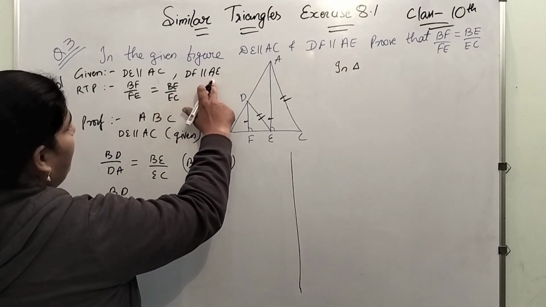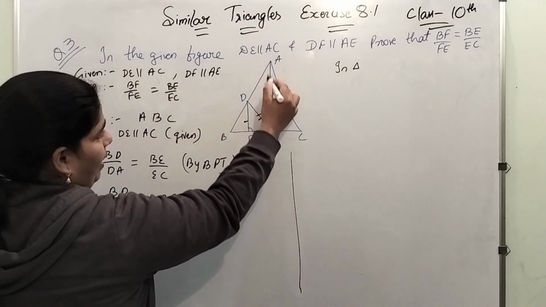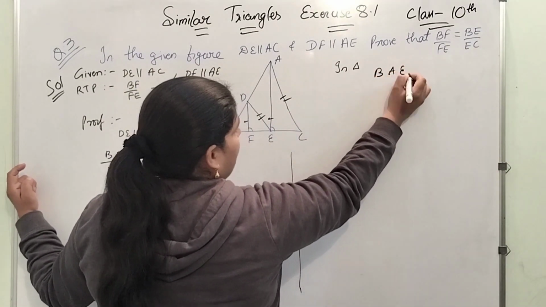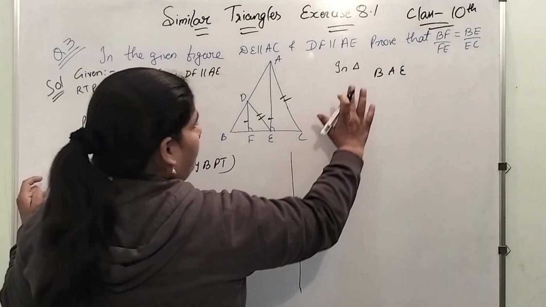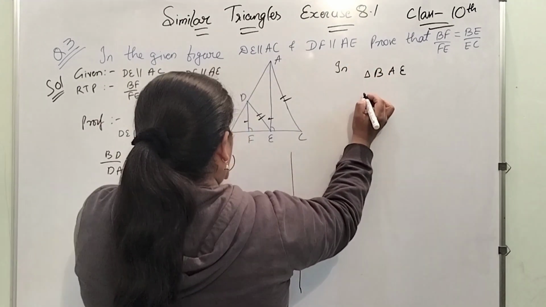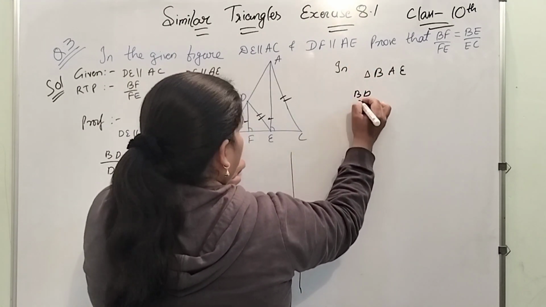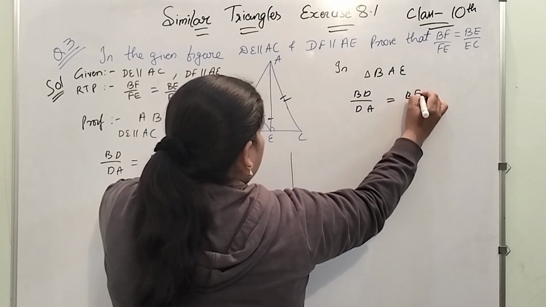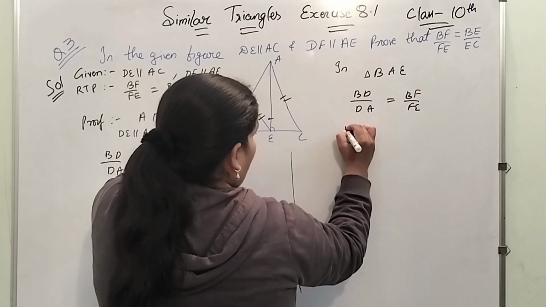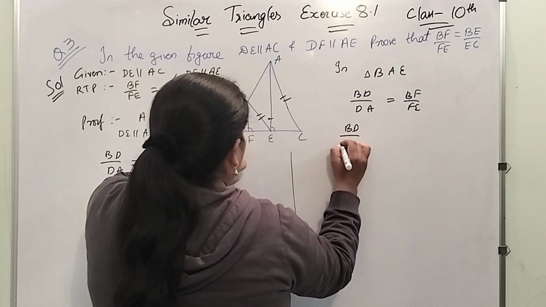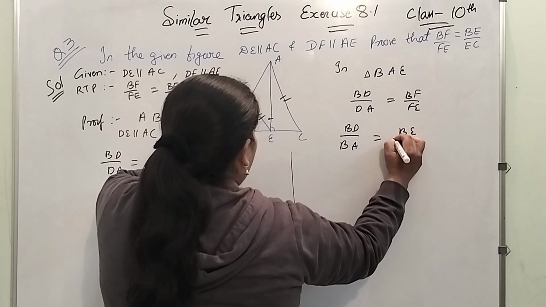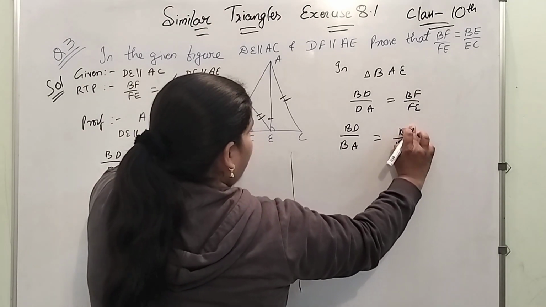Now, next, DF is parallel to AE. Therefore, in triangle BAE, BD by DA is equal to BF by FE, or BD by BA is equal to BF by BE.